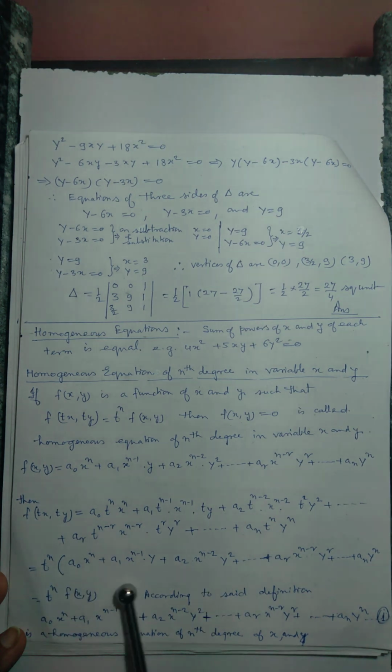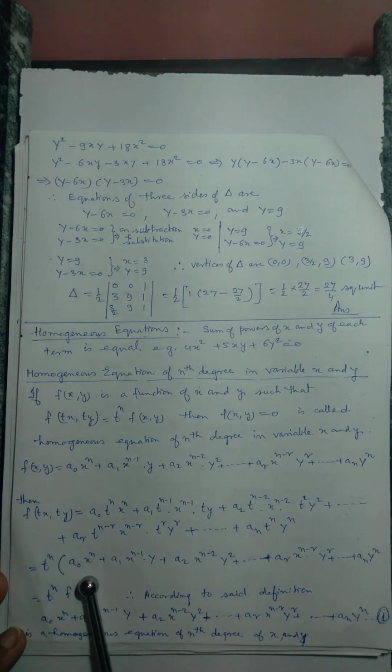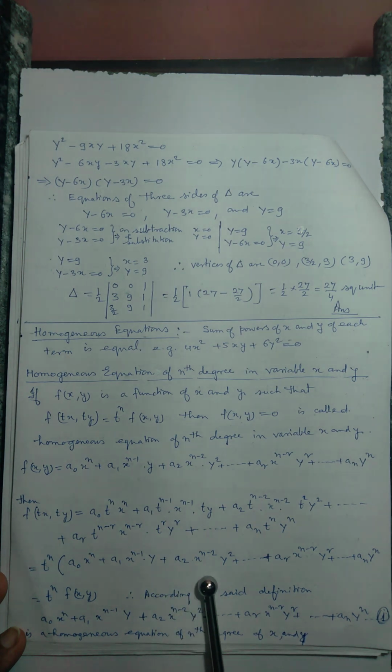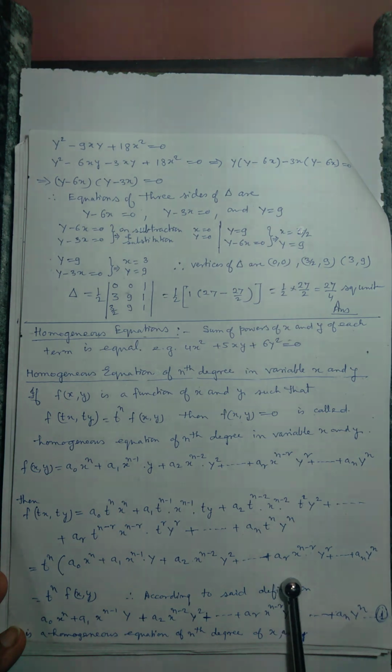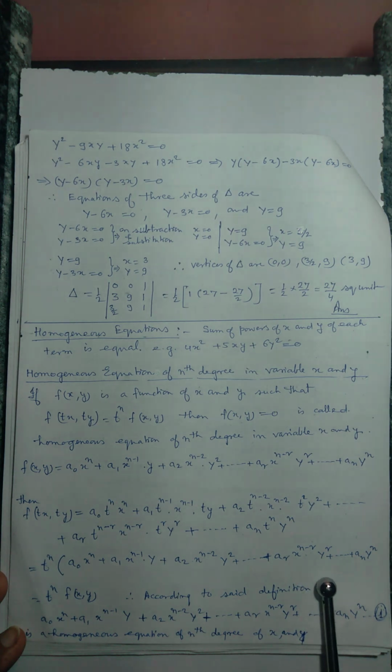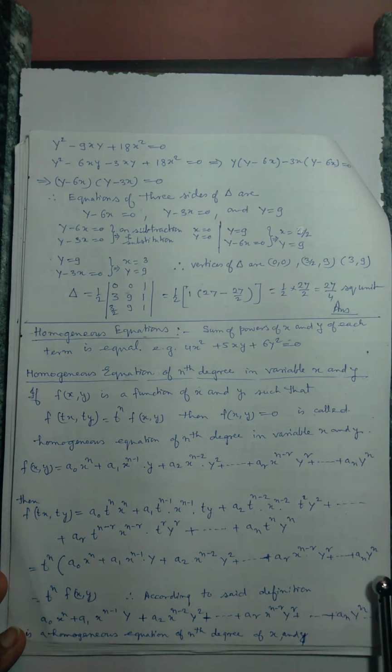Inside the bracket you will get a0 x raised to power n plus a1 x raised to power n minus 1 into y plus a2 x raised to power n minus 2 into y raised to power 2 plus and so on, ar into x raised to power n minus r, y raised to power r, plus and so on, an y raised to power n.